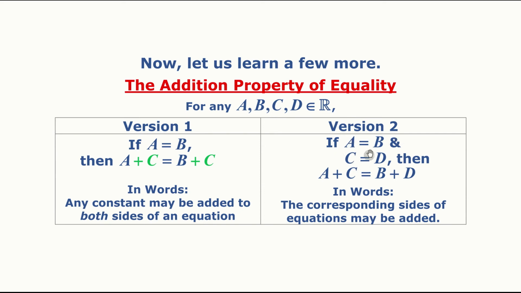In this case, we have two equations, and what the property says is that we can go ahead and add those equations. Just make sure you add the left items together and the right expressions together, and this is also going to be true if, of course, these are true. And basically the corresponding sides of equations may be added. All right, so that's what we call the addition property of equality.